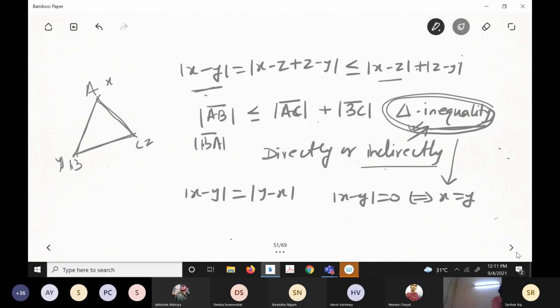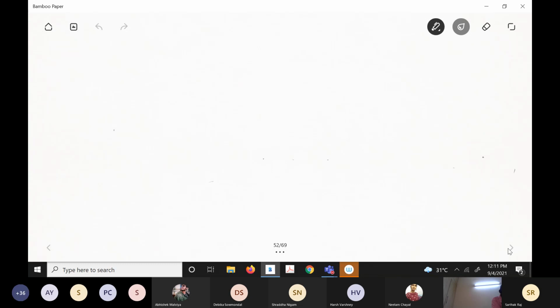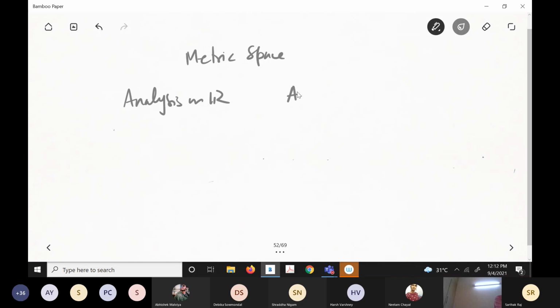So the idea of the metric space is that, when you study metric space, ultimately we are going to real analysis, meaning analysis on R. After knowing enough about metric space, we do analysis on metric space.